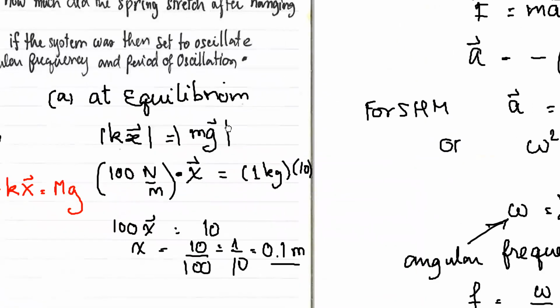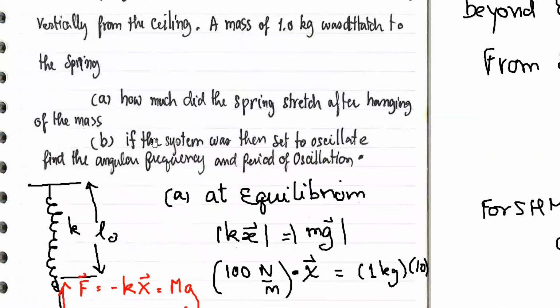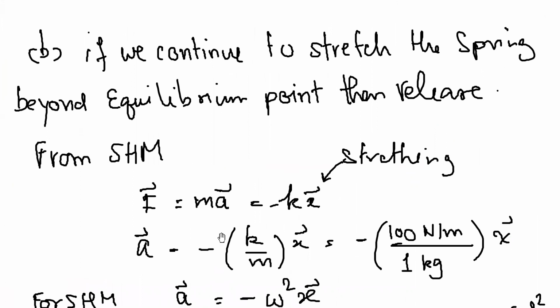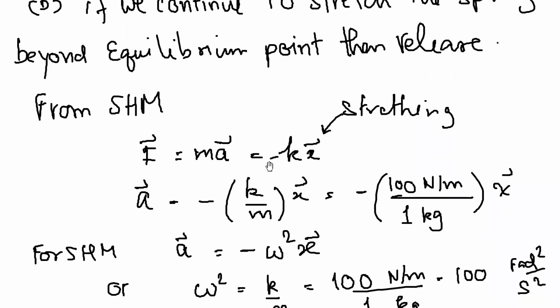Now, let's look at the second question: if the system was set to oscillate, find the angular frequency and the period of oscillation. If we continue to stretch it a little, it becomes a harmonic oscillator. So a is minus k over m times x. You stretch it a little bit more distance after you reach the equilibrium point.